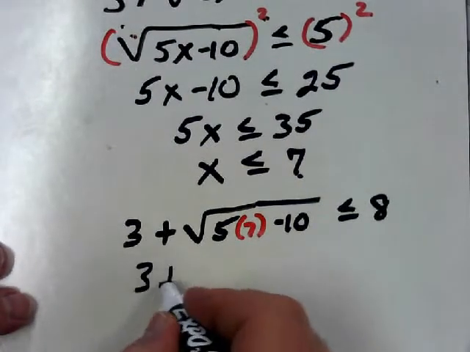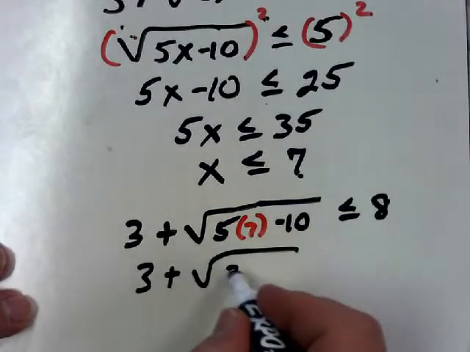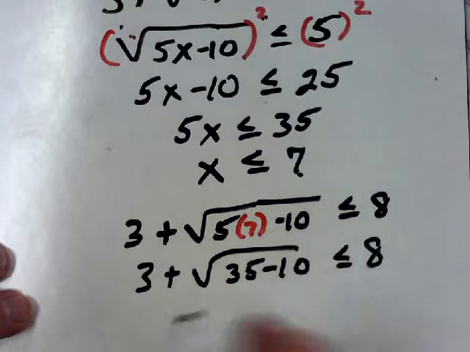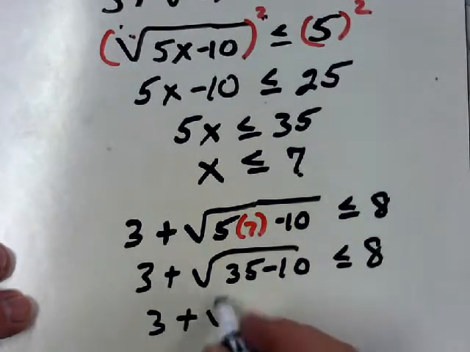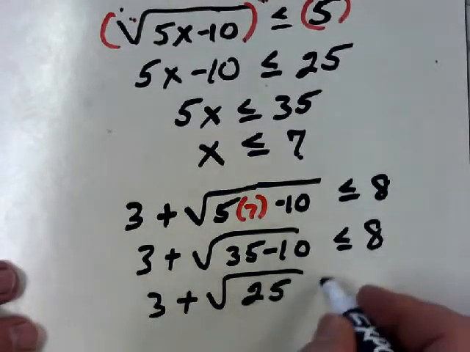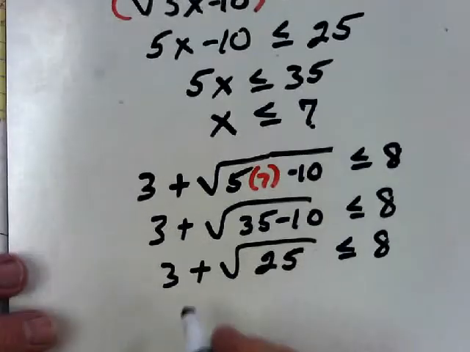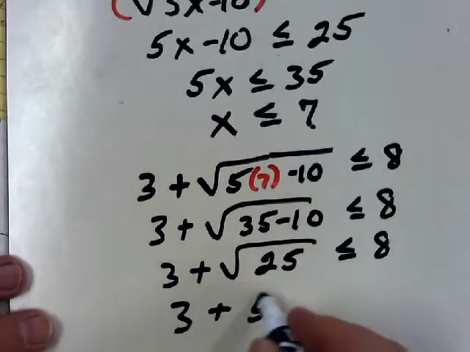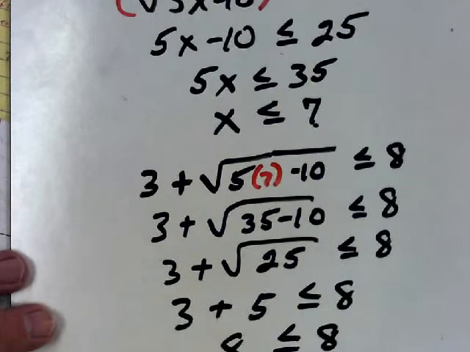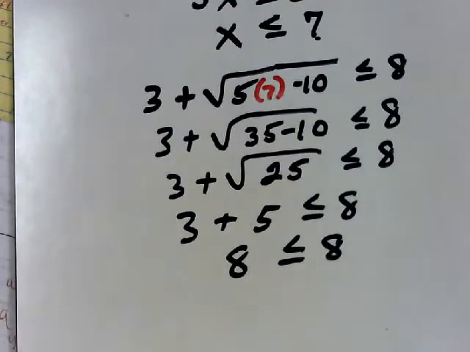So 3 plus 35 minus 10 is less than or equal to 8. So 3 plus, what's 35 minus 10? Less than or equal to 8. 3 plus 25 is less than or equal to 8. Is 8 less than or equal to 8? Yes, it is. So that part will work, won't it?